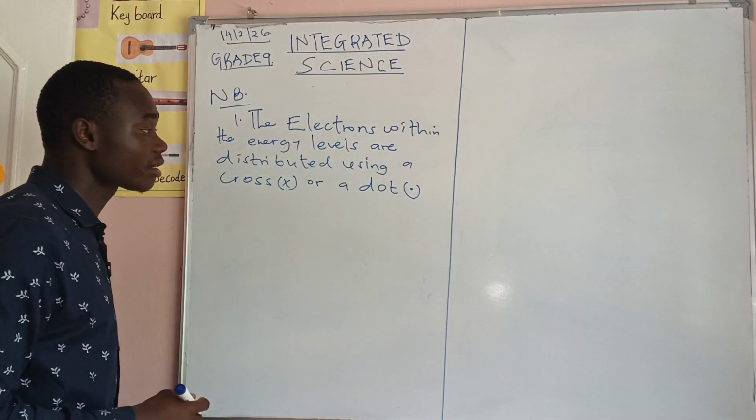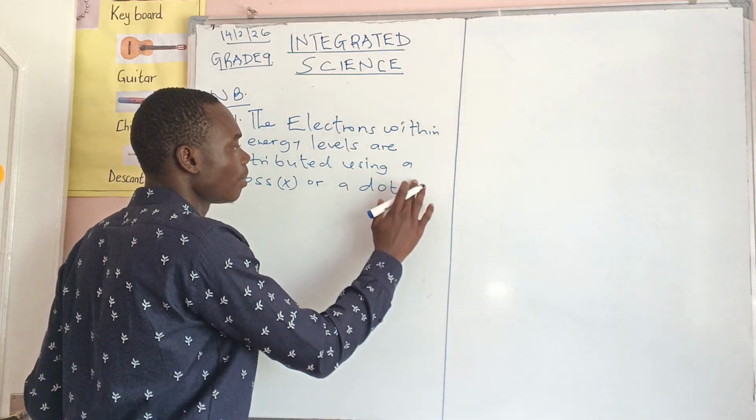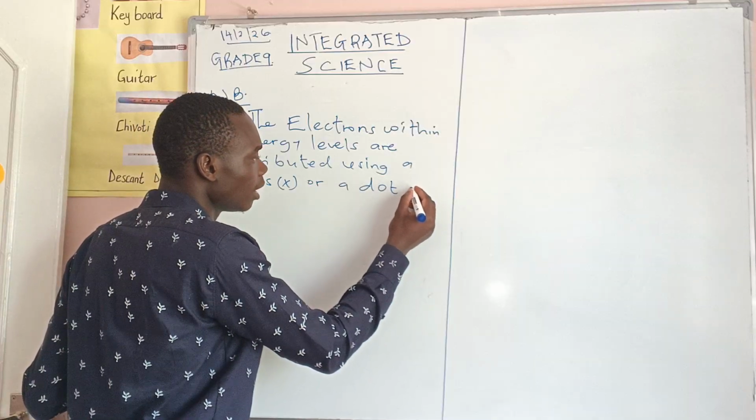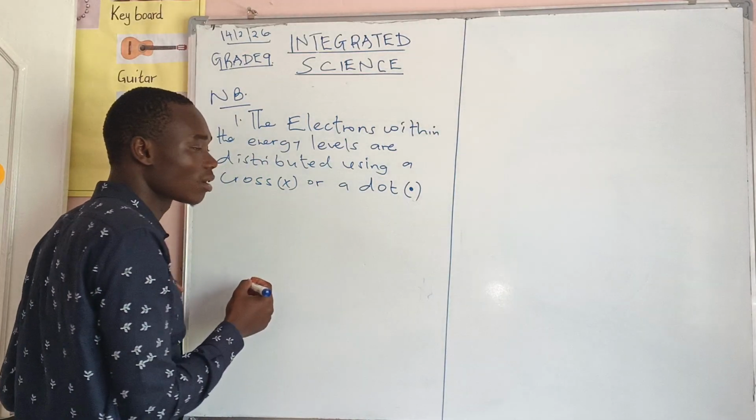A cross or what? A dot. Now, you saw me distributing the electrons using crosses.